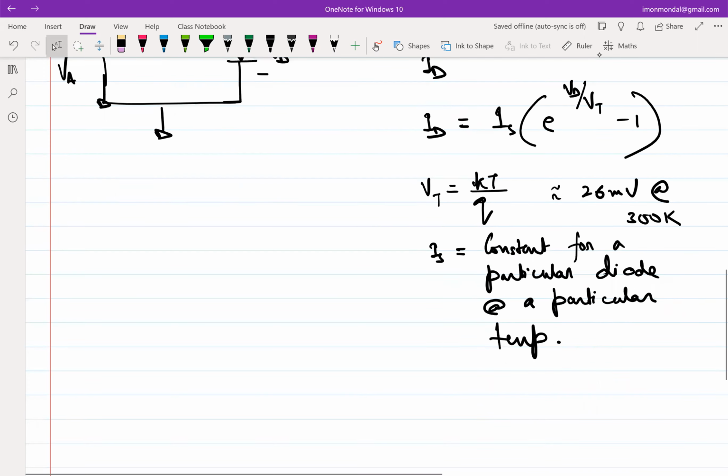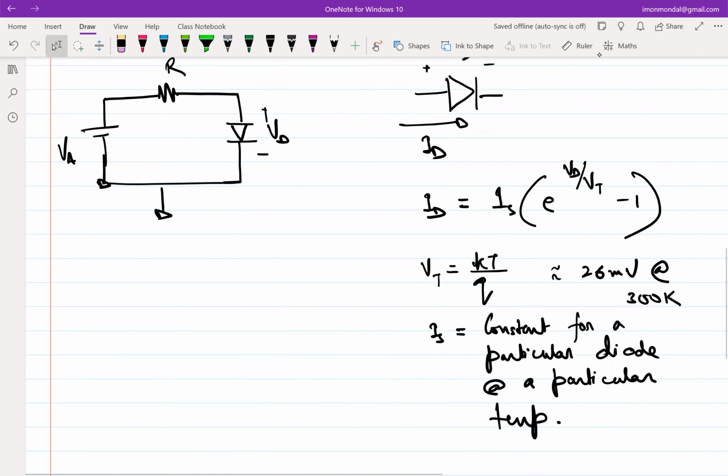Good. So given that this is the equation at hand, this clearly tells us that if VD is slightly more than VT, where VT itself is about 26 millivolt, and if VD is, let's say, 52 millivolt, 100 millivolt, etc., of that order, then I can neglect that minus 1 term and I can simply approximate ID to be equal to IS e to the power VD over VT.